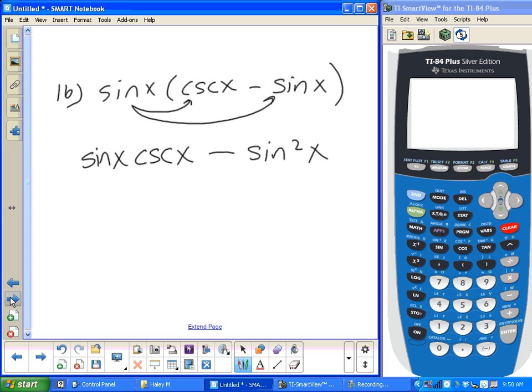Now, what are we missing that we need to go with that? Another squared one, or a 1. Anybody see where I could get something like that? That's going to give me 1, because I can change cosecant to 1 over sine. So now those will go away. So you get 1 minus sine squared. Now you have your 1 and your sine squared, so that's just going to give you cosine squared.